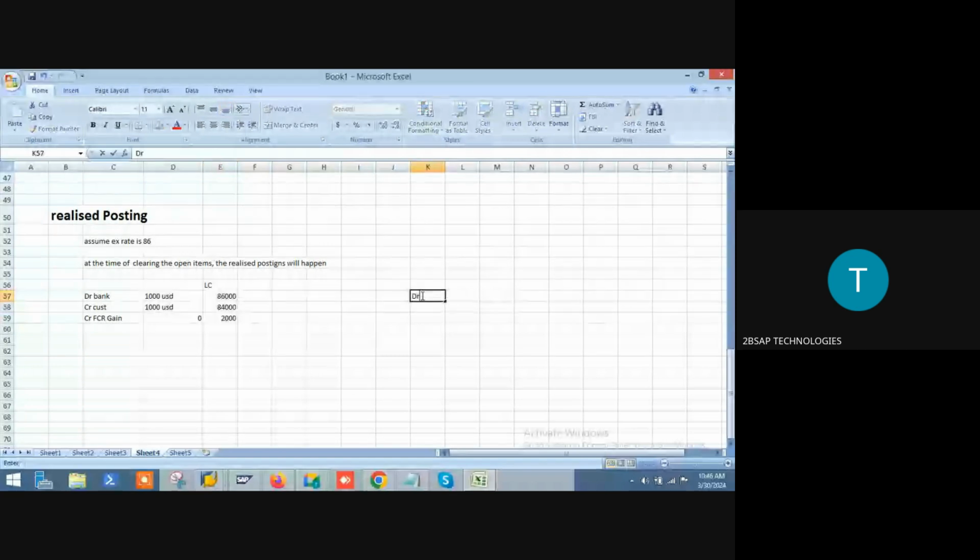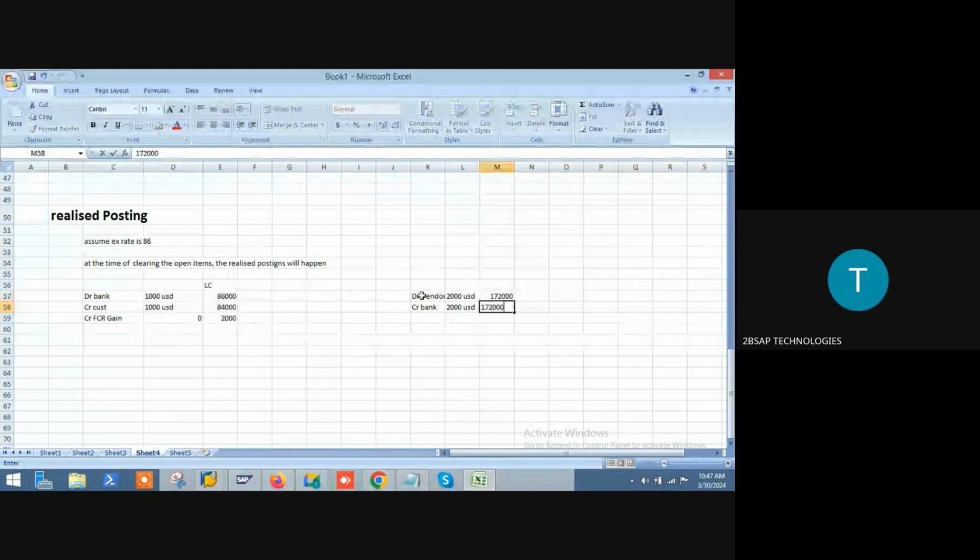Okay. In the same way, we will observe the same in terms of vendor. Vendor, what are you doing, sir? Debit vendor 2000 USD, credited to your bank account 2000. So 2000 means it will come as 86, 172,000. Here also 172,000.